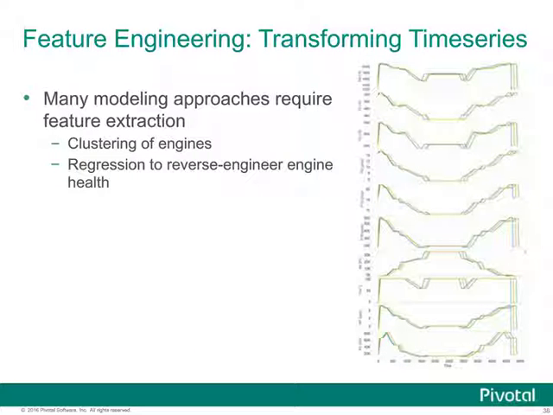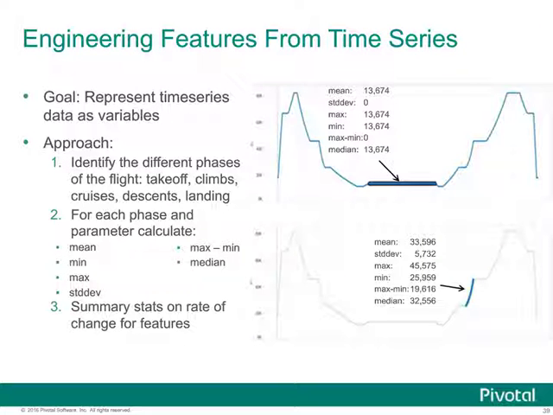So most of the modeling approaches require us to extract features. Dealing with a bunch of time series, how do we transform the time series into some variables or features that we can then input into a model? Here in this project, we represented the time series by chunking it up into windows.